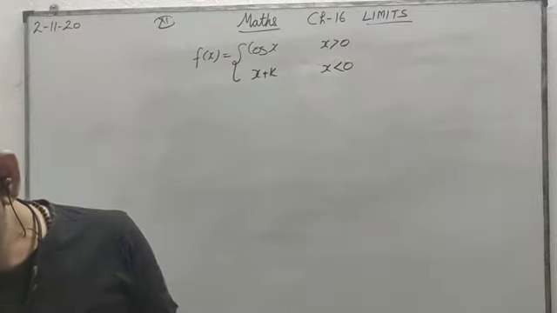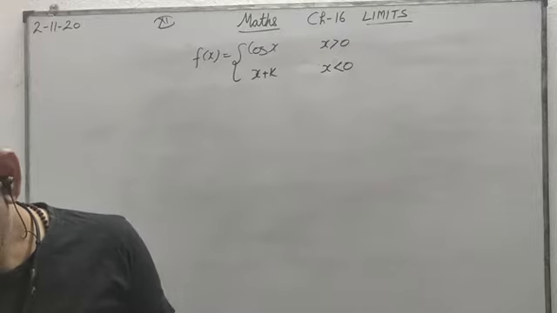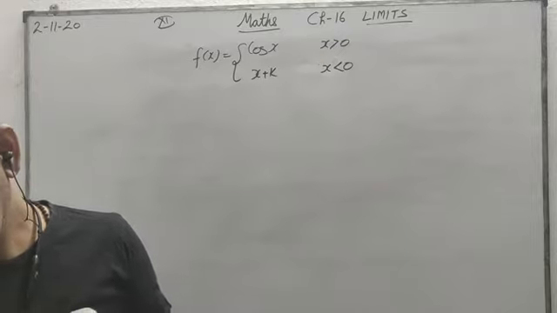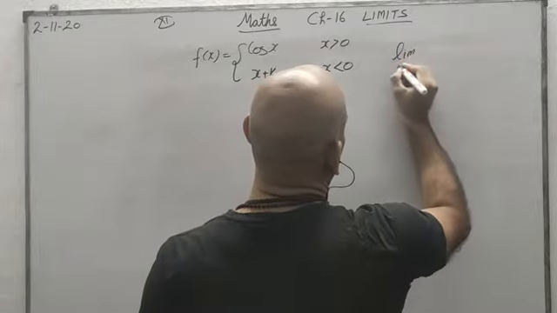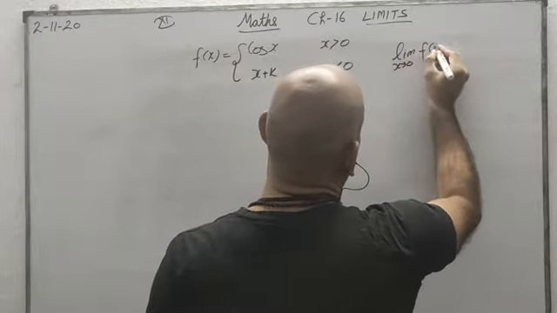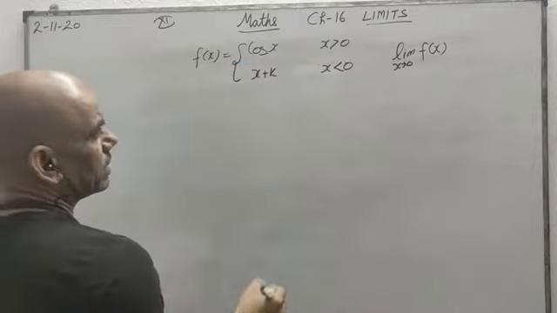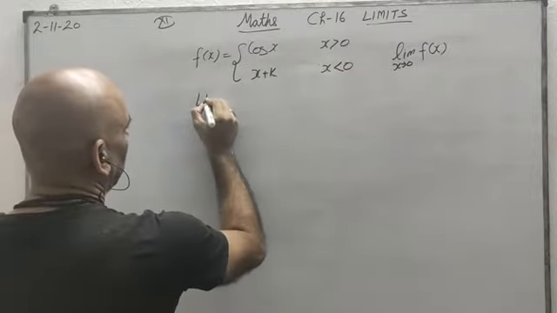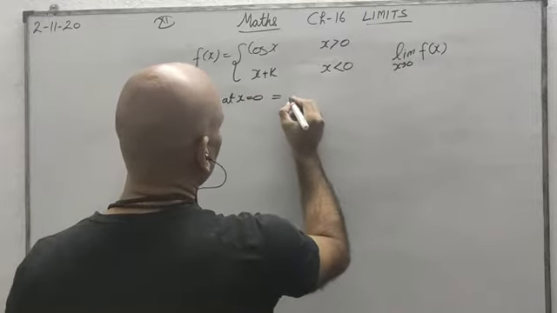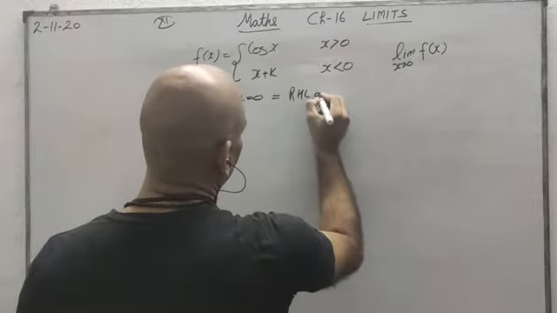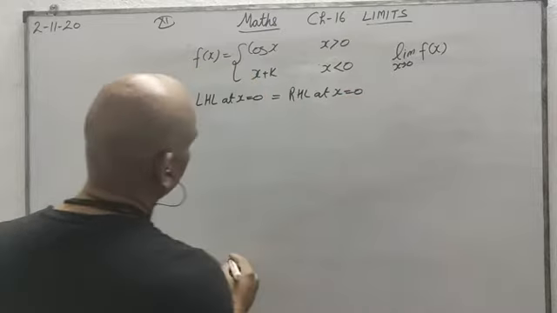Find the value of constant k given that limit f(x) as x tends to 0 exists. He is saying limit x tends to 0 f(x) exists. Exists means LHL at x is equal to 0 is equal to RHL at x is equal to 0.